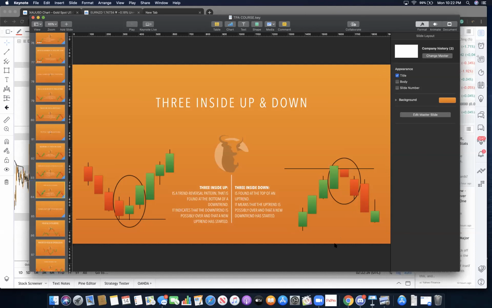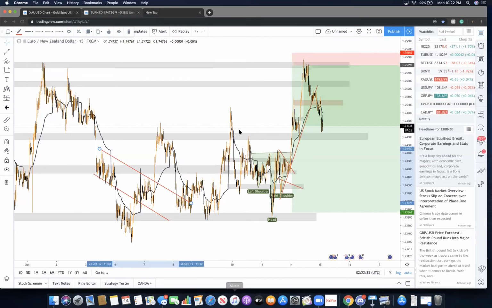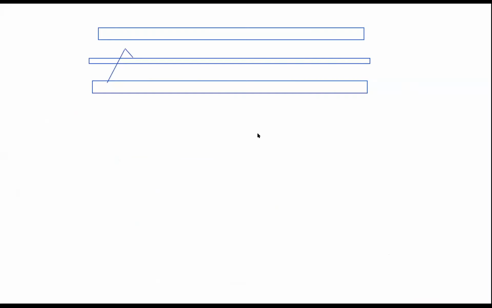Perfect. Let's talk about the wedges, right? We spoke about wedges and how wedges are identified. They can be similar to a channel. When the market is making a move to the upside, we're looking for the market to create higher lows and lower highs.